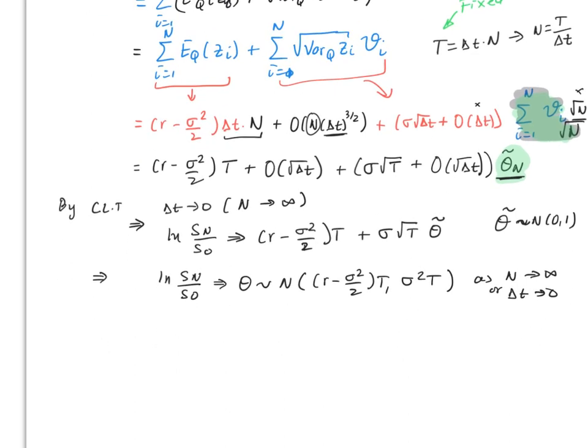Therefore, this implies that we end up with the same thing as before. Sn is going to be equal to S0 e to the theta, where in this case theta is a normal distribution where the mean is r minus sigma squared divided by 2 times t, which is the expiration time, and then the variance is sigma squared times t.